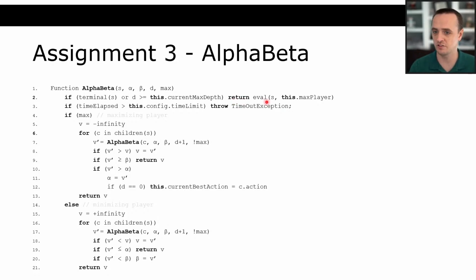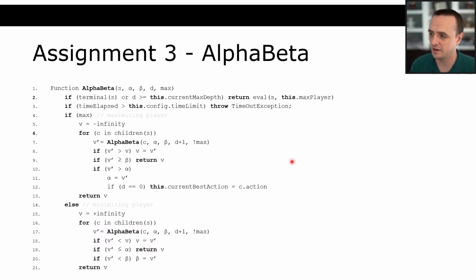It's a leaf node in my search tree. Otherwise, if my time elapsed is greater than the current config's time, throw a timeout exception. So that's how I stop my search: I just throw a timeout exception. Otherwise, if I'm maximizing, do the maximizing step of AlphaBeta, or if I'm minimizing, do the minimizing step of AlphaBeta.